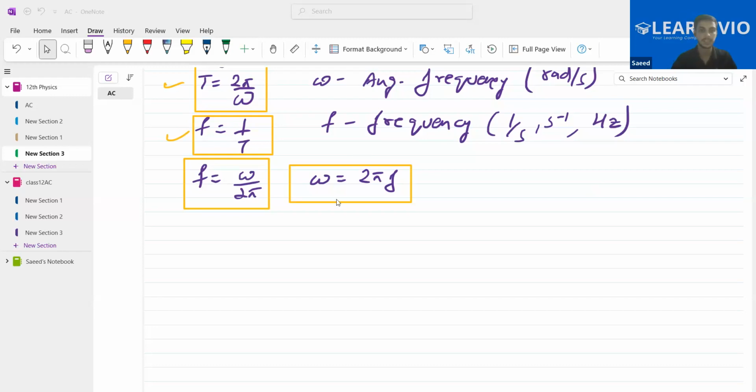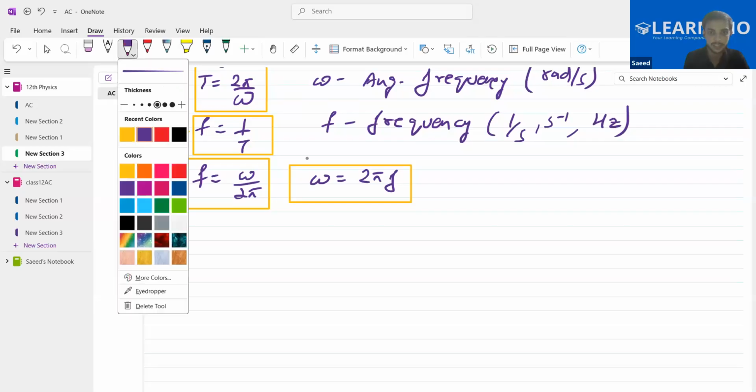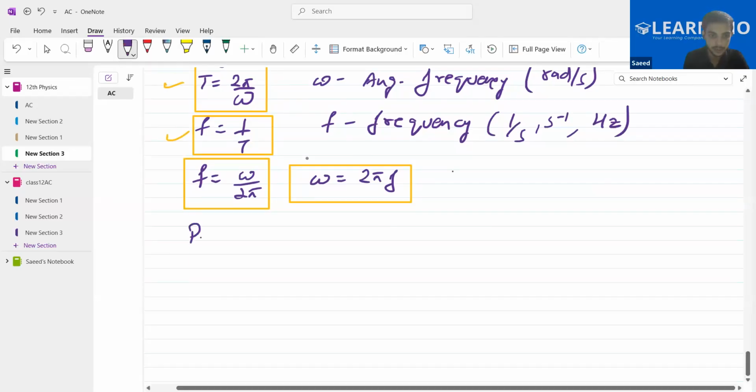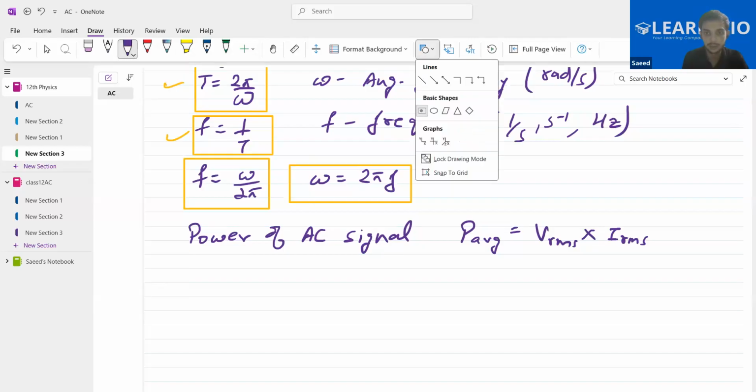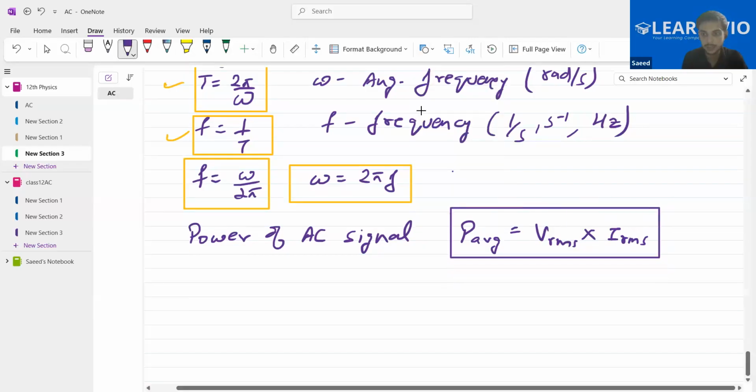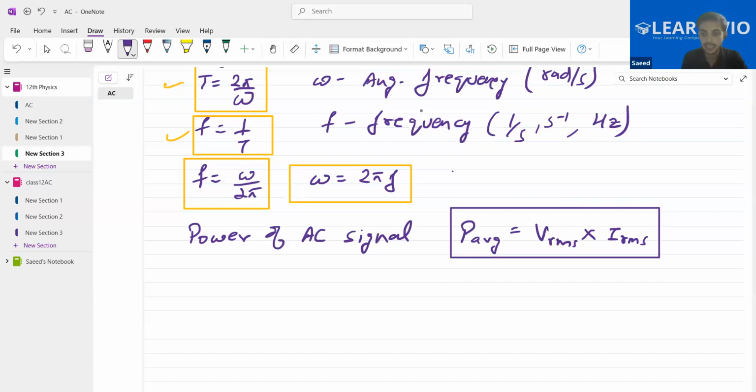Let me write one more thing here: power of AC signal. Average power is defined by V RMS into I RMS.